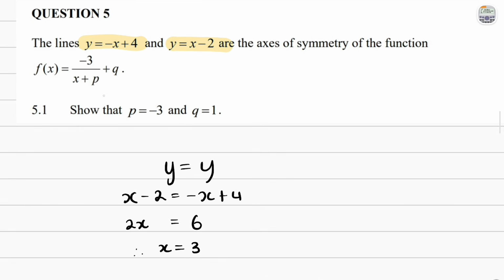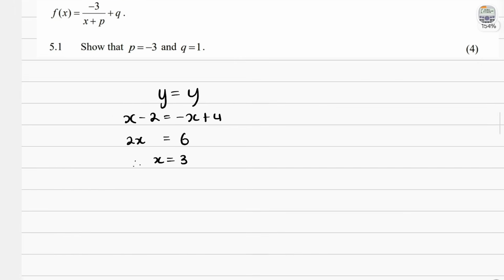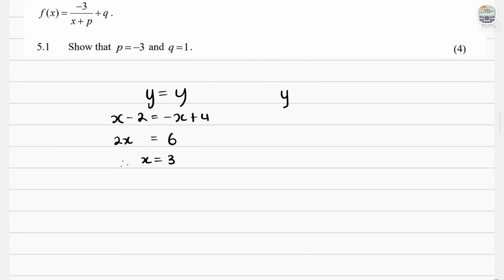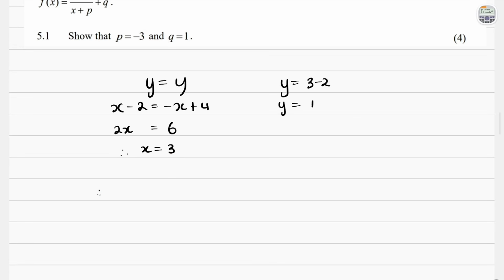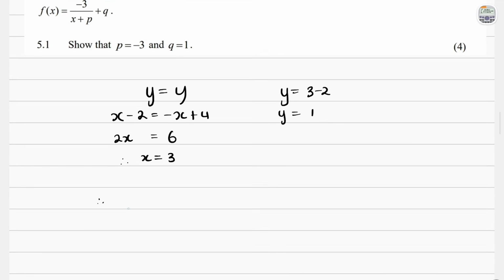Remember, that's not p yet. They've just made a little change there. To find the y value of the point of intersection, we substitute this 3 into either one of the equations. Into x minus 2, that's 3 minus 2, which is 1. From this, we can see that p would be equal to negative 3.